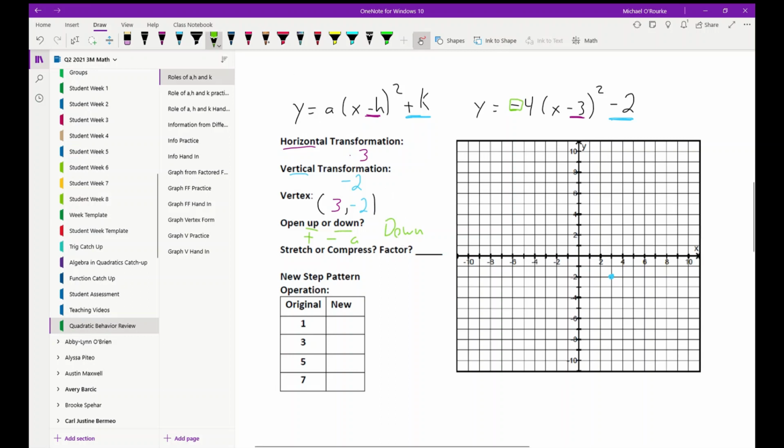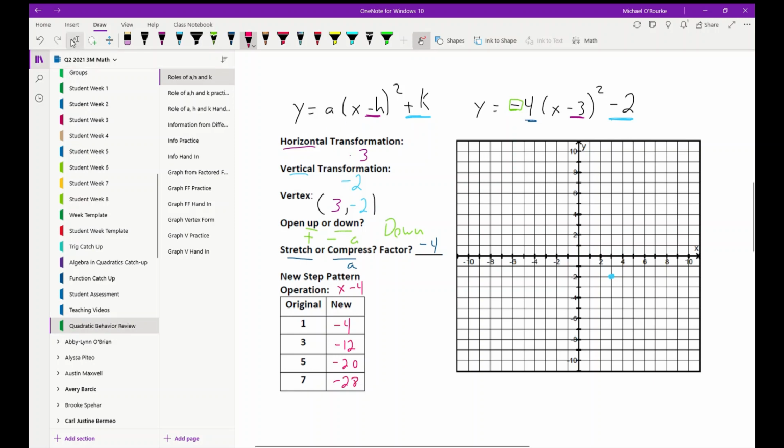Then we're looking for a stretch or compression, so that's our a number, and my a number is -4. So to do my step pattern, I'm going to multiply everything by -4, so it's -4, -12, -20, -28.